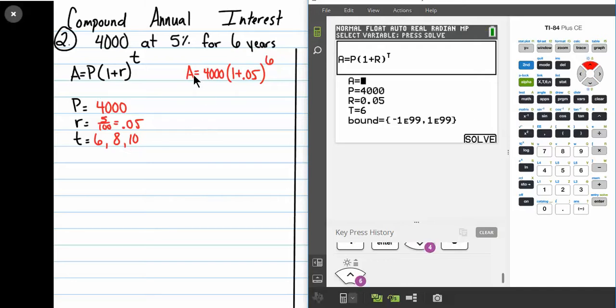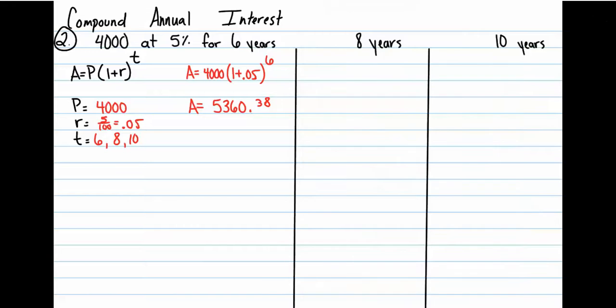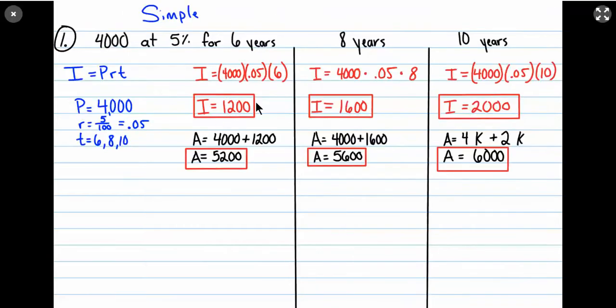So what is my A equals? So according to my calculator, I would solve, and it gives me this answer. Now, here's what I want to try to see if you guys catch. This answer is way different than my previous answer, but it's the same information.